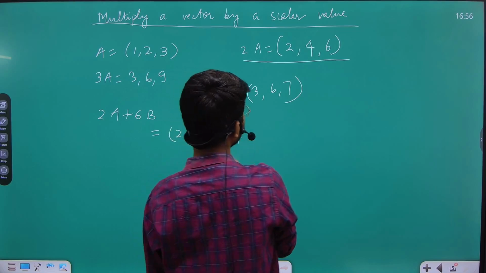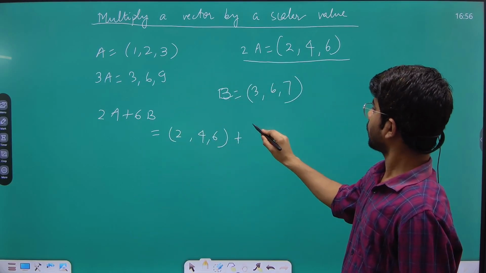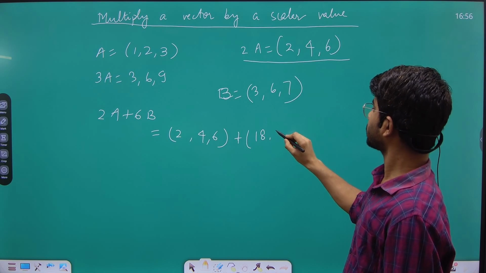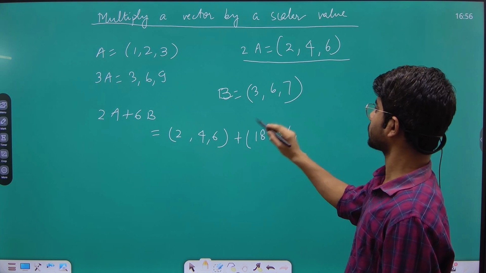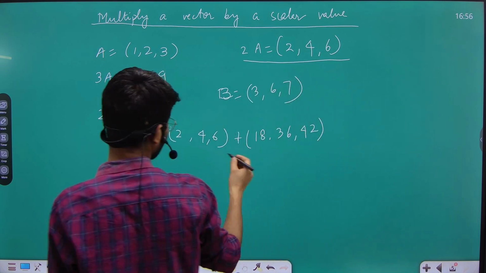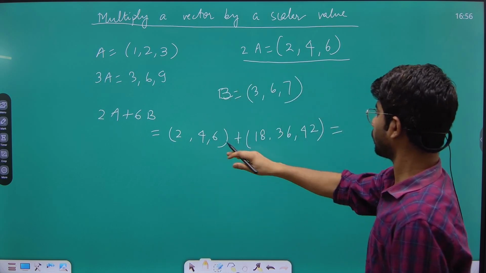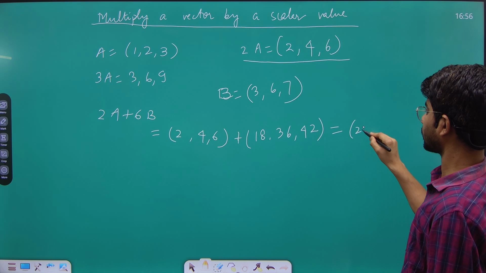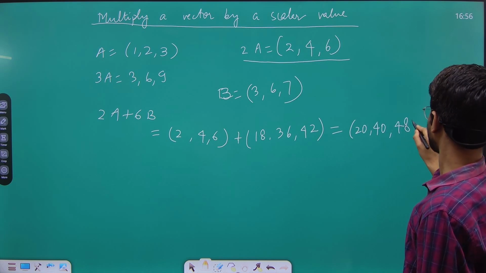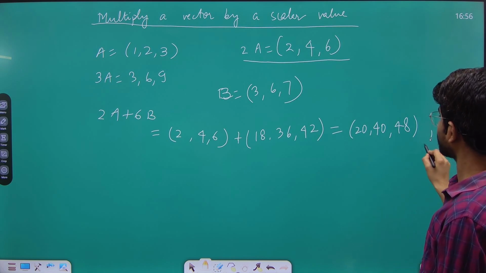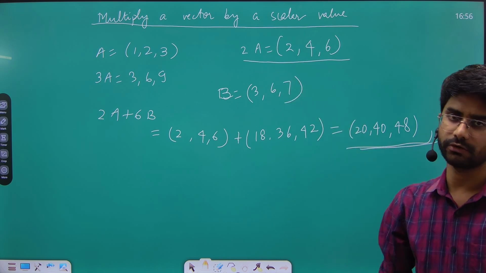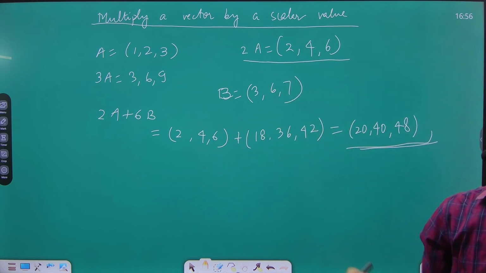So 6b would be, first term 18, second term 6 into 6, 36, 6 into 7, 42. Okay. So if you find the sum of these two, you will get 20, 40 and then 48. Okay. So this is the value of 2a plus 6b when you had these two vectors.